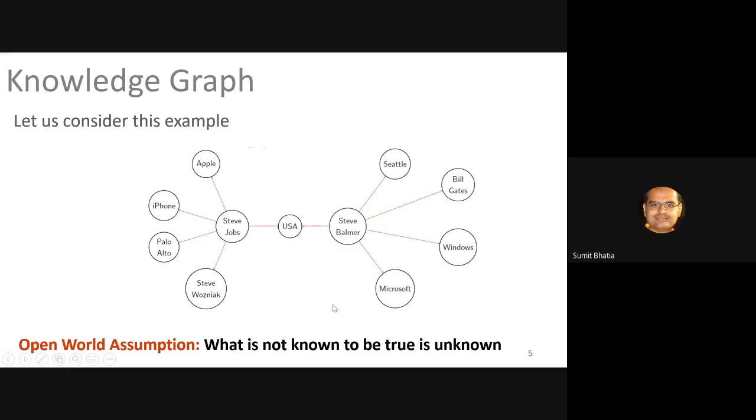What that means is that if something is not known to me, I don't say that it is false or does not exist. I just say that I don't know. So if someone asks, are Steve Jobs and Steve Ballmer brothers? Then I would say, I don't know, because there is no fact in the graph that can tell me either that they are brothers or that they are not brothers.